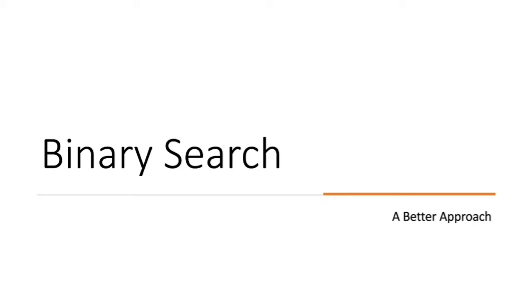So timing in programming is a very, very important concept, even the execution time as well as the time complexity. In both these situations, binary search is an algorithm which works better than linear search. So let us understand how binary search works and how it is a better approach.